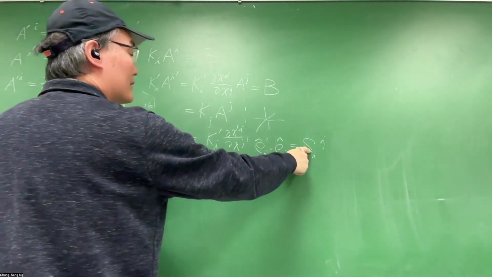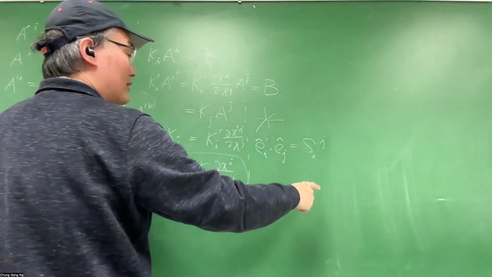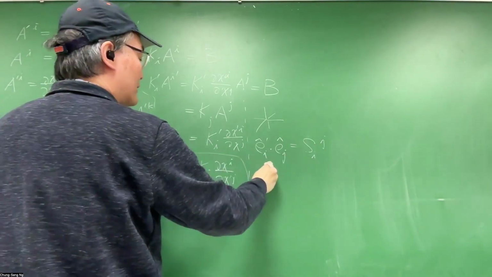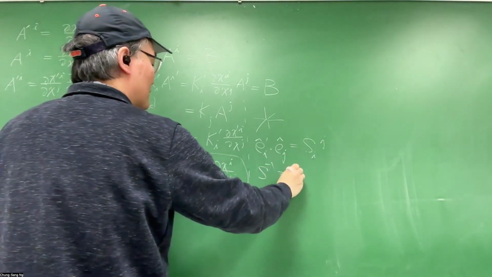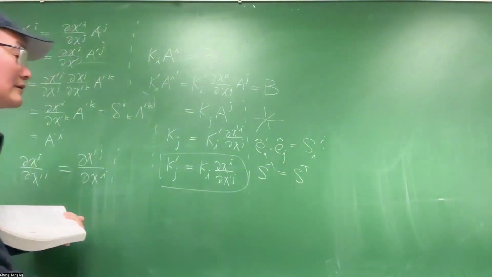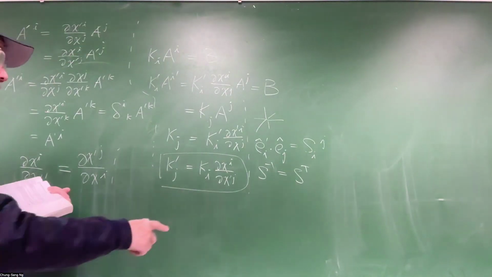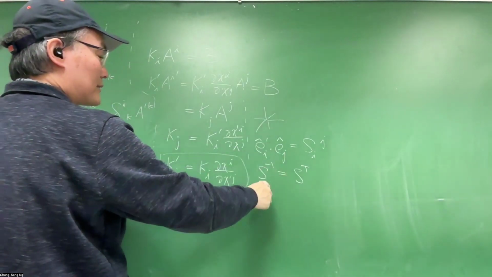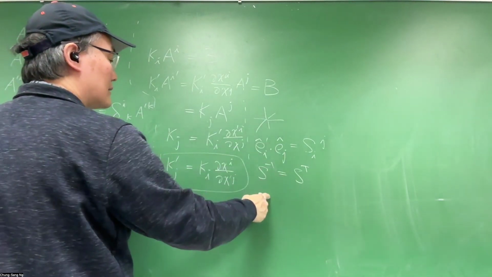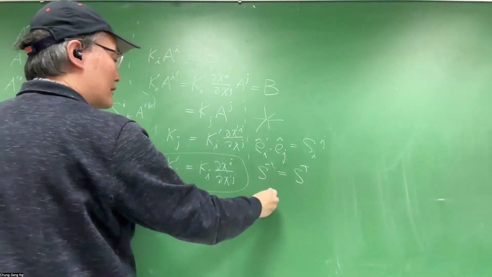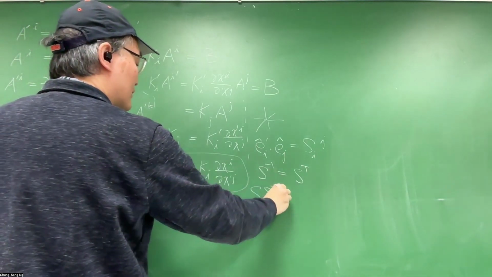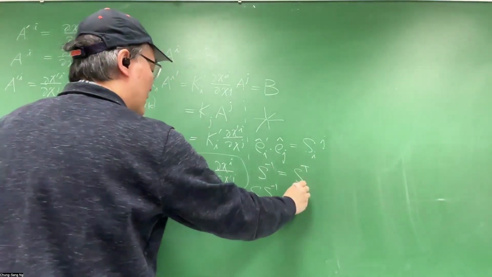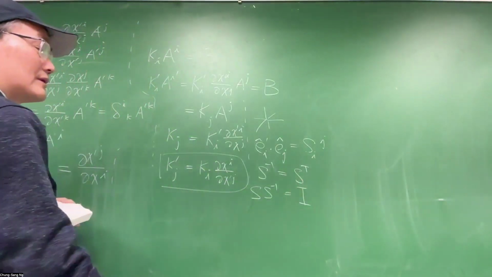But for Cartesian coordinates, the determinant of this transformation matrix is 1, because we already showed that the inverse of S is equal to S transpose. That's what we first discussed about this transformation matrix. Then S inverse times S is the Kronecker delta, or in matrix form, the identity matrix.